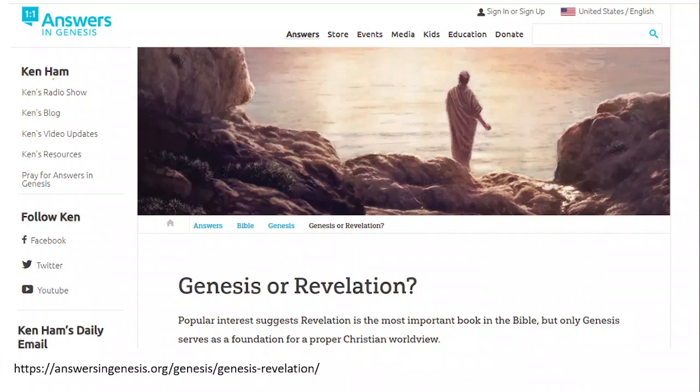I think they only raise it because they see so many Christians wrapped up, as I said before, in eschatology, and it's sort of all they think about. There are so many debates about the interpretation of Revelation, and Revelation is a much more difficult book to interpret than the book of Genesis. Even though Answers in Genesis doesn't do a very good job of interpreting Genesis, they probably have a better handle on Genesis than they do Revelation in this particular case.